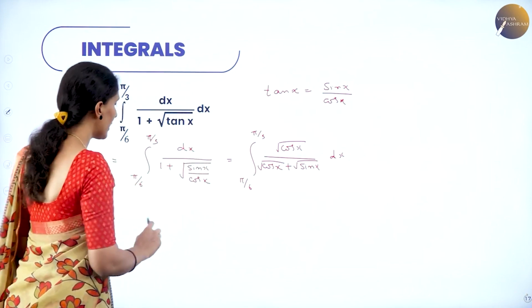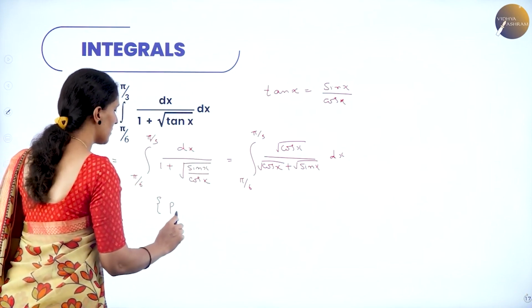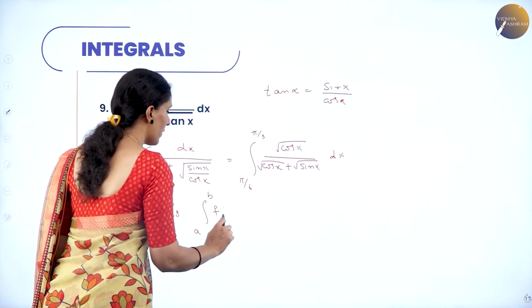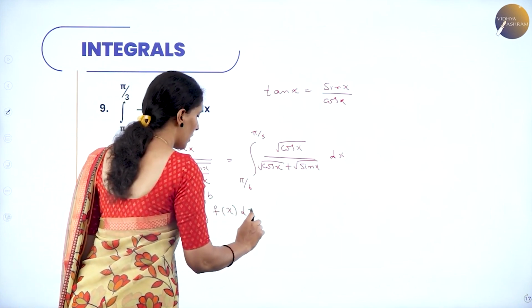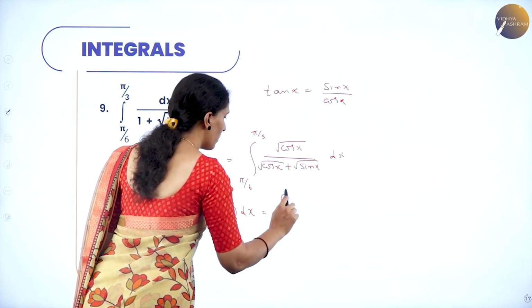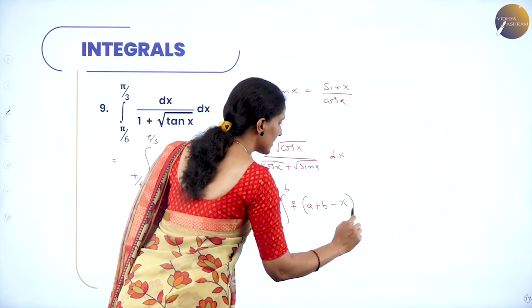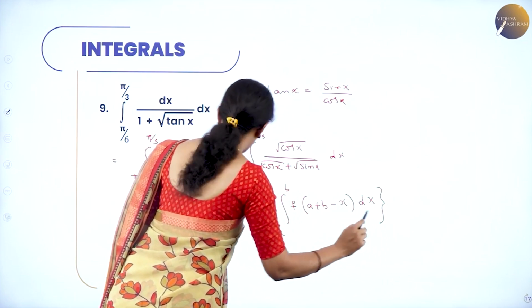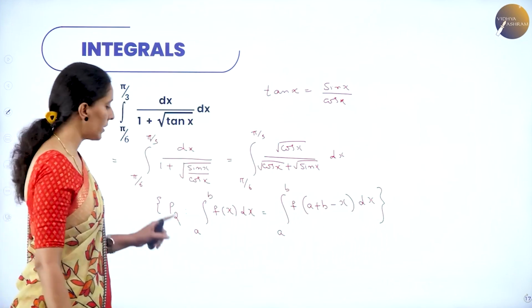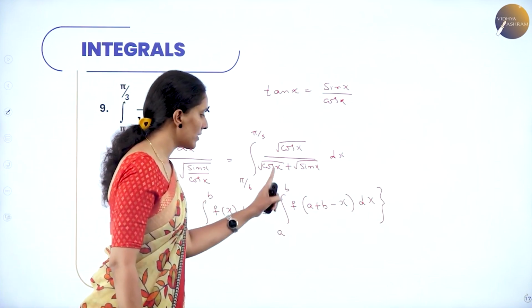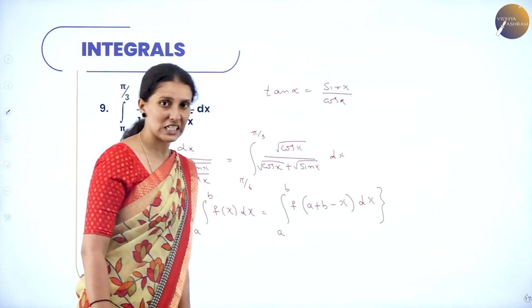Now using property 3, what does property 3 say? If you have an integral from a to b of f of x dx, then this is also equal to the integral from a to b of f of a plus b minus x dx. So property says whenever you have the integral from a to b of f of x dx, you can write this in the form of f of a plus b minus x dx.